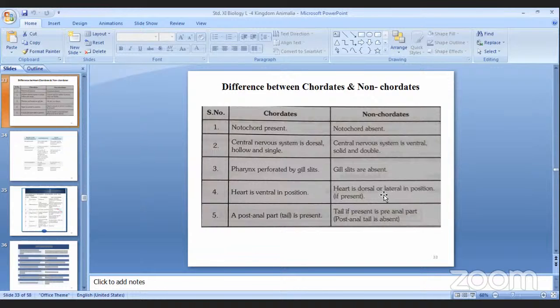Obviously here it will be dorsal in position, or lateral. Then a postanal part, that is a tail, is present, and in non-chordates the tail, if present, is preanal. Here it is postanal and here it is preanal. So these are some important points of difference between the chordates and the non-chordates.